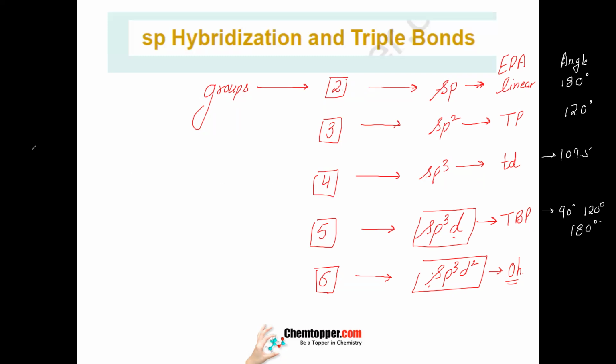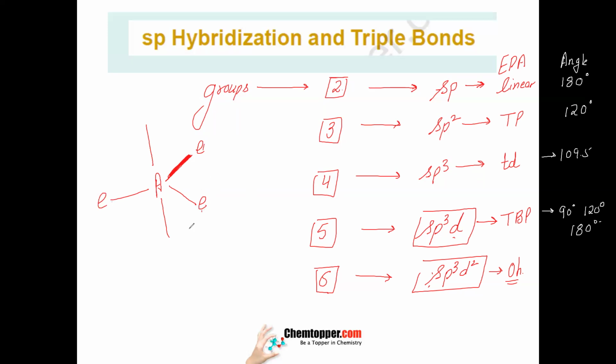Remember in trigonal bipyramidal, there are two types of bonds. 3 are on a trigonal planar. 2 are standing perpendicular above and below that trigonal planar. What is the name of this bond? It's called equatorial. We were discussing this in the last class, the last 10-15 minutes.